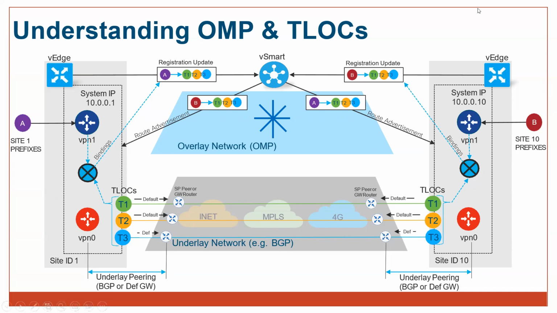Let's try to think about how this SD-WAN is working. And not only SD-WAN, whatever fabric we have, their nature is almost the same. The fabric is nothing but a virtual network.